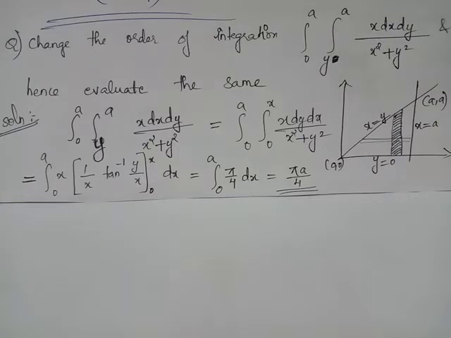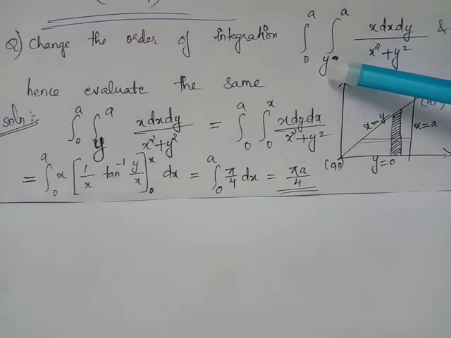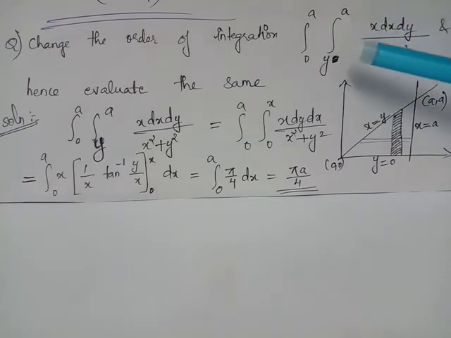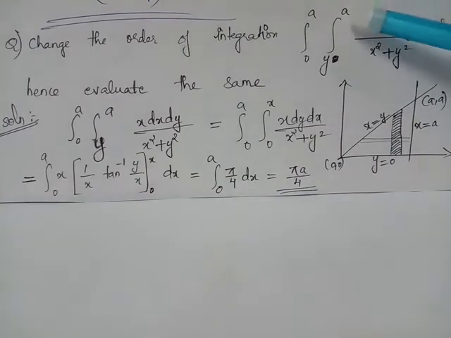For such type of questions, first of all we will have to identify the region over which we have to perform integration. That is, we must have clear idea about the boundaries. Here it is clear that x varies from x equals y to x equals a. x equals y is a straight line which passes through origin and x equals a is a vertical line which both constitute boundaries of the region over which we have to perform integration.